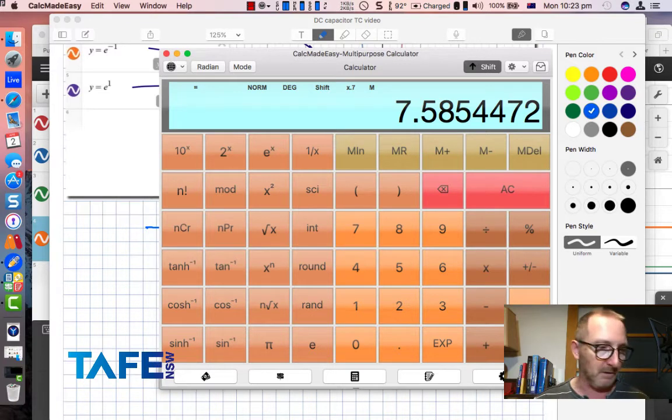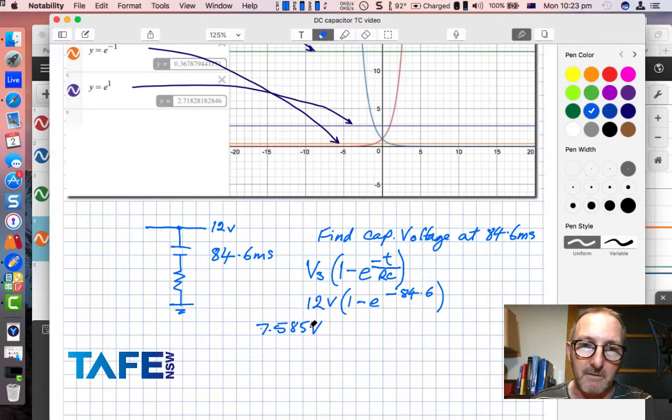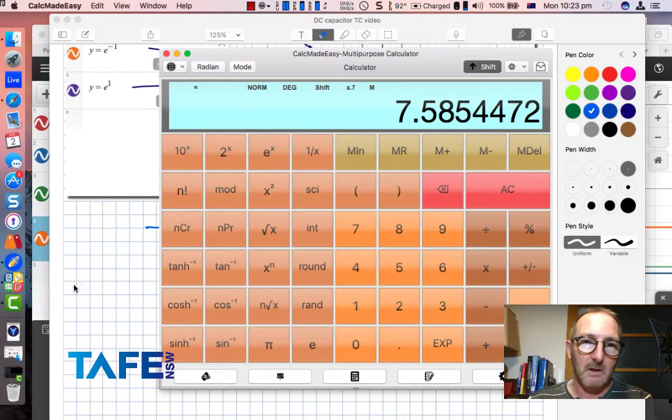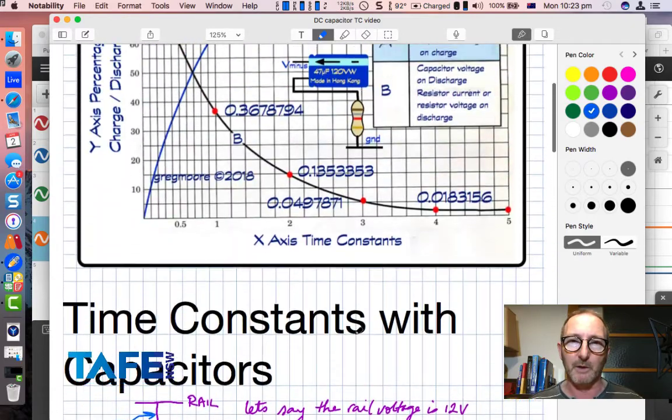I'll write that down, 7.585 volts. Too many things on the desk. I was right, wasn't it? 7.585 volts. Okay.